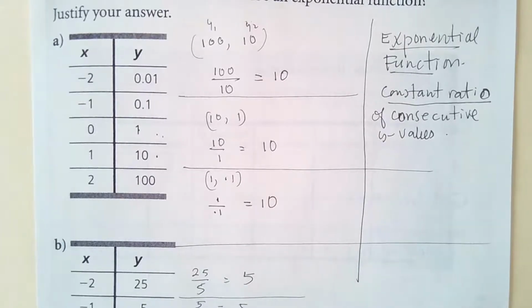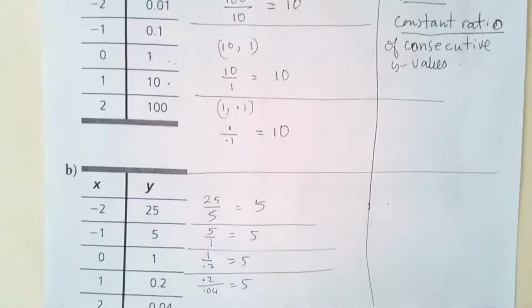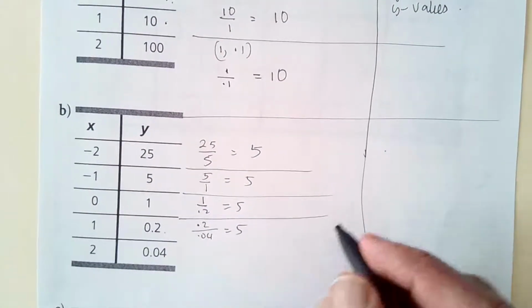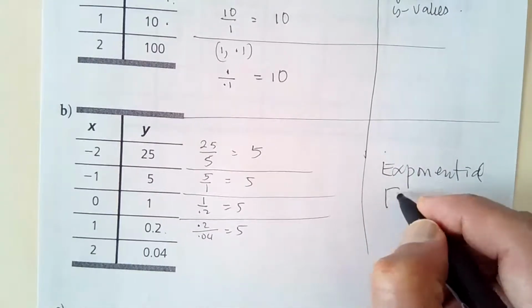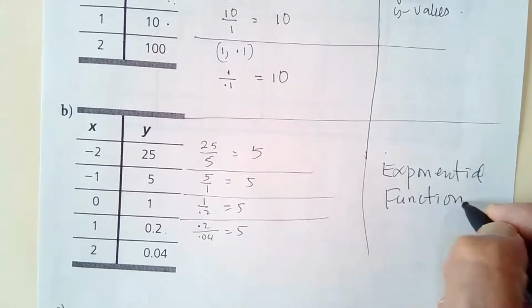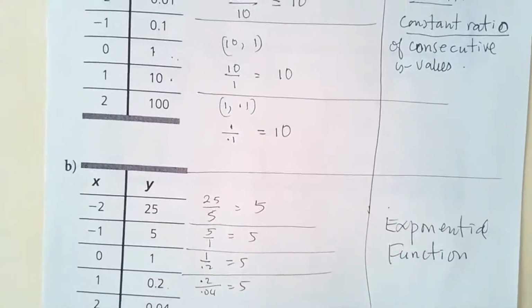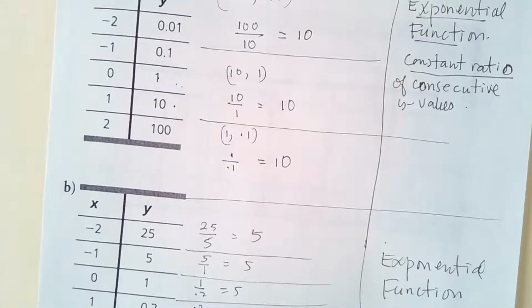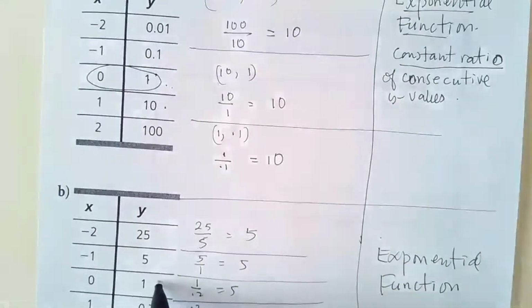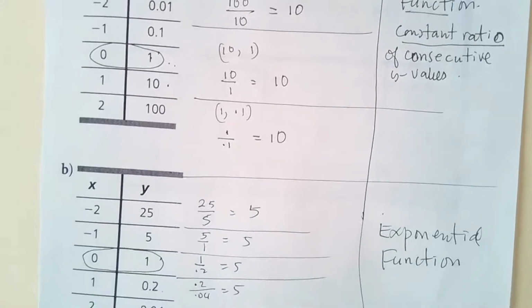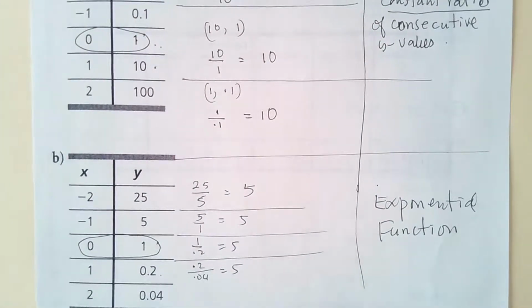And if you go throughout, you'll see it will be the same result. 0.2 divided by 0.04 is 5. So this would be an exponential function. Another factor you can take into consideration is the y-intercept. It's 1. The y-intercept here is also 1. It tells me right away it's an exponential function.